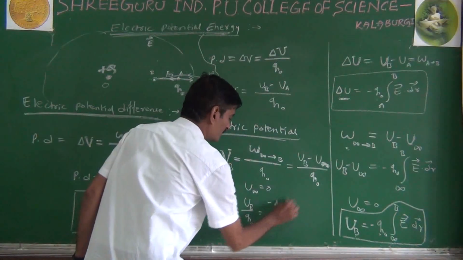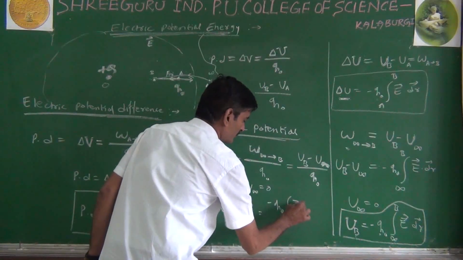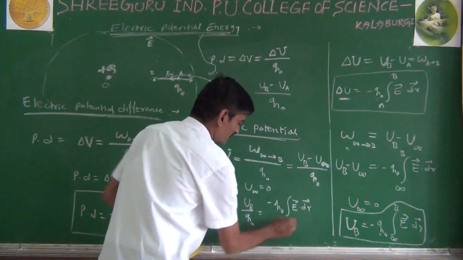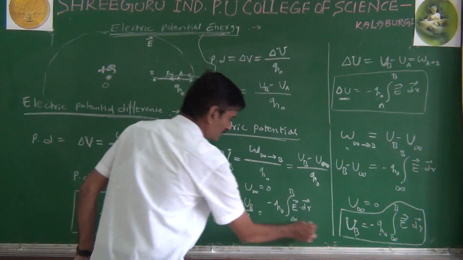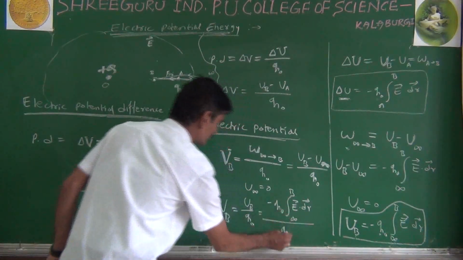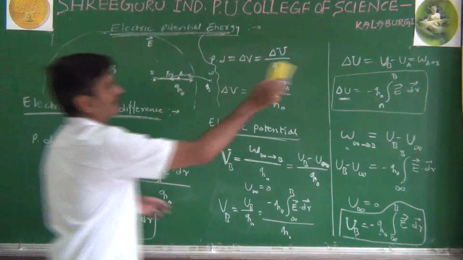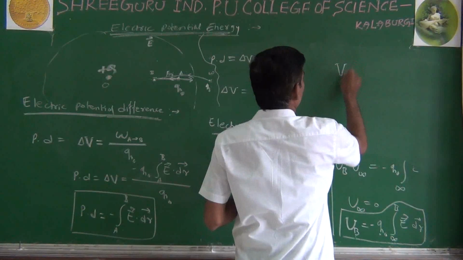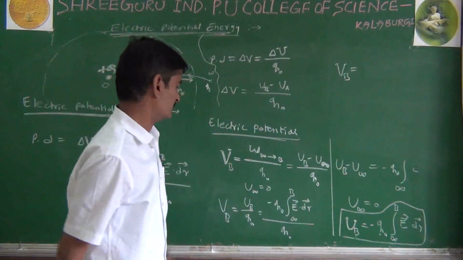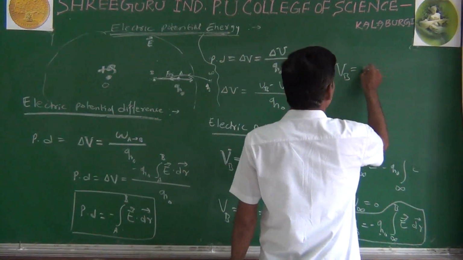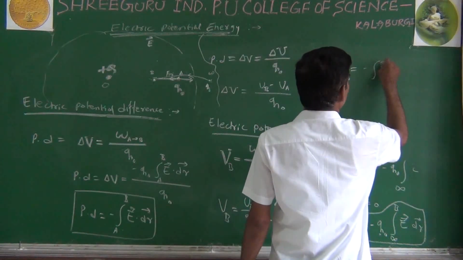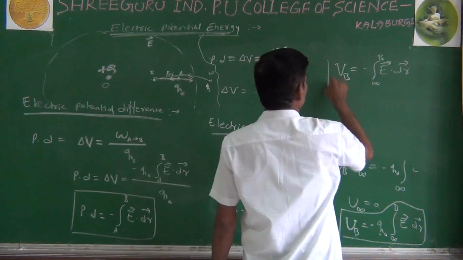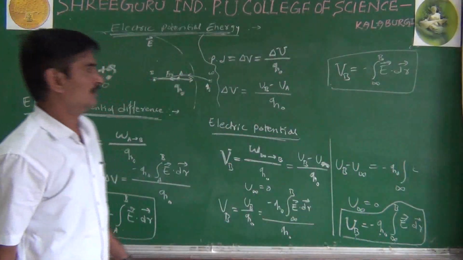Generally, UB is minus Q naught times the integration of vector E dot dr from infinity to the point B. Now Q naught cancels, so the electric potential at the point B, VB, is equal to minus the integration of E dot dr from infinity to the point B. Did you understand the idea?